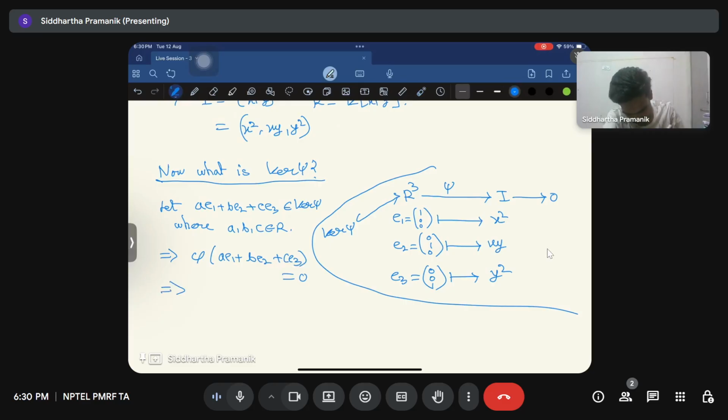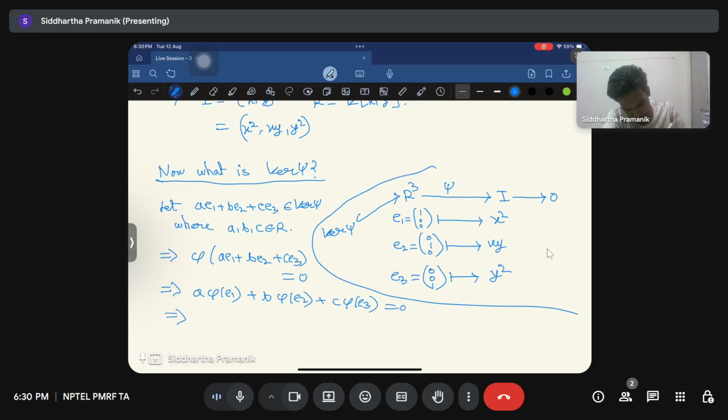Now a is an element of R and phi is an R-linear map. So this is a times phi e1 plus b times phi e2 plus c times phi e3 equals 0.